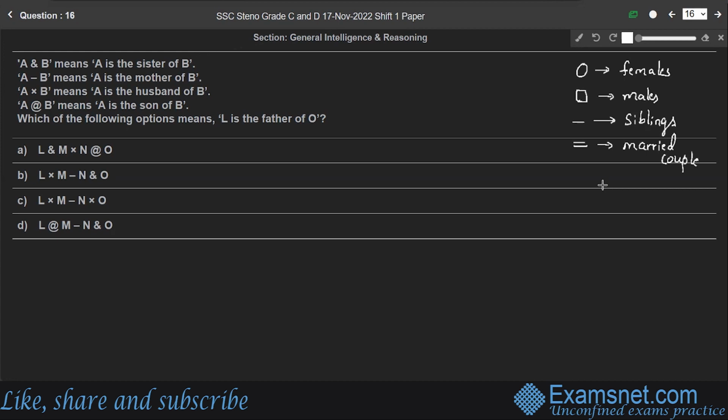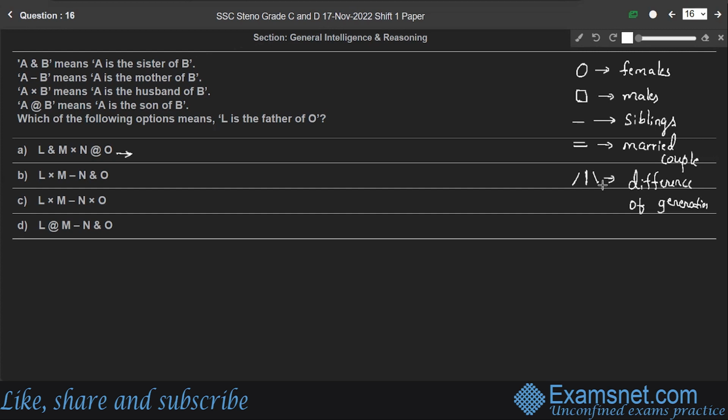We use a slightly slanted line or a vertical line for difference of generation. Right? So let us go one by one.